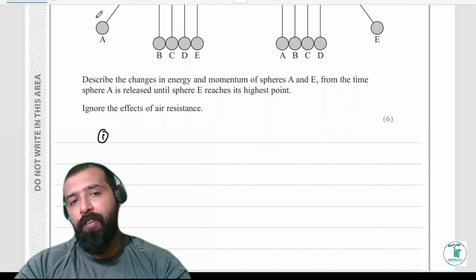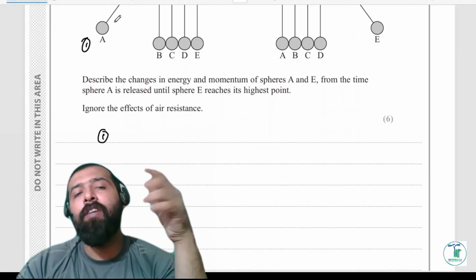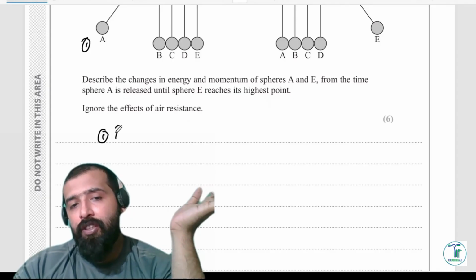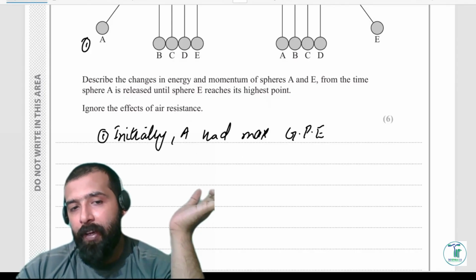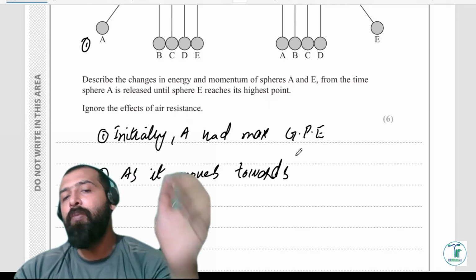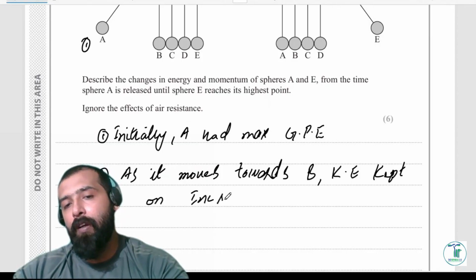First of all, I'm going to start with this point: A being at the highest position. When A was at its highest extreme, what does that mean? That initially A had maximum gravitational potential energy, right? Secondly, as it moves towards B, its kinetic energy kept on increasing, right?